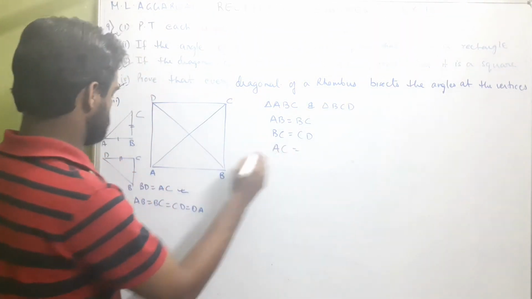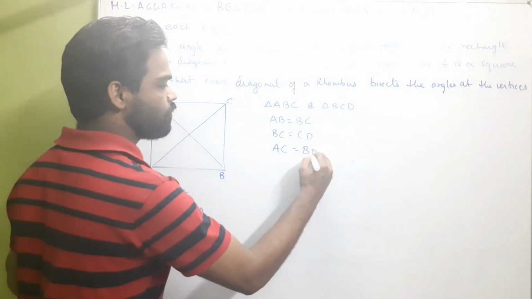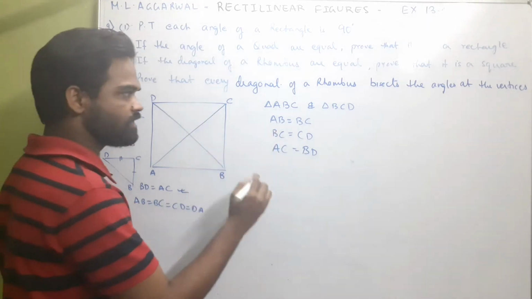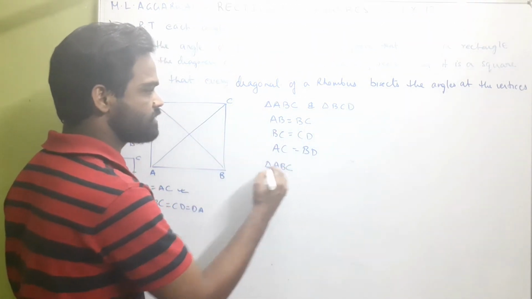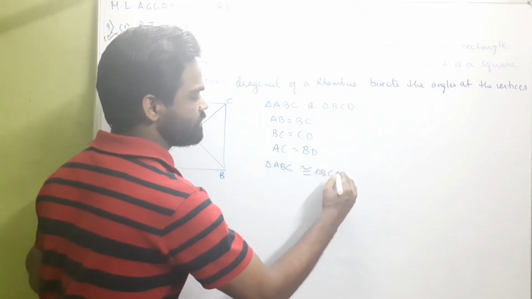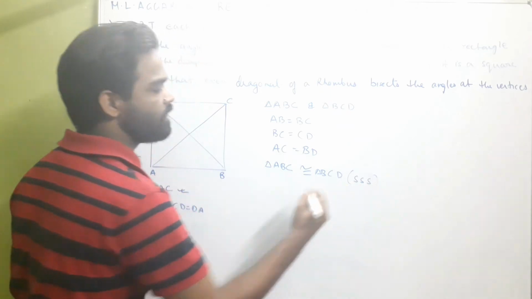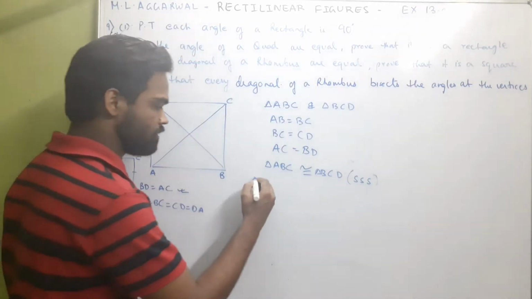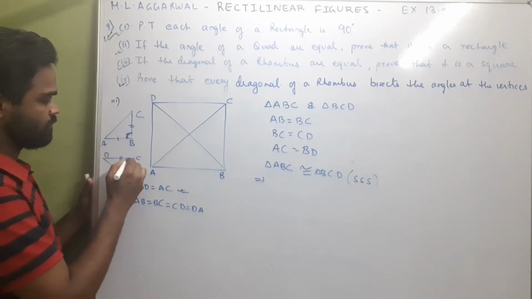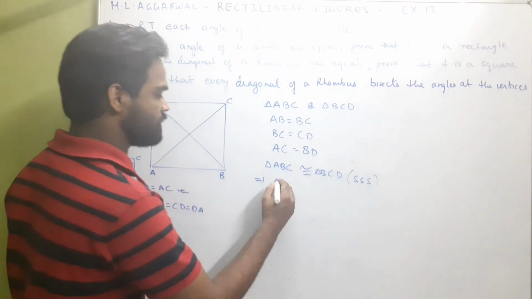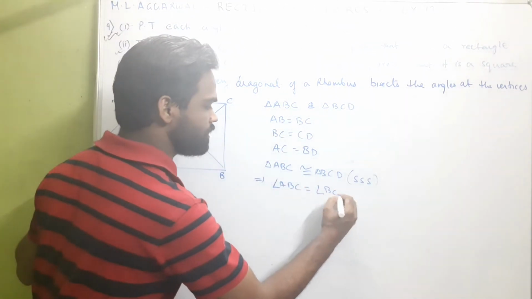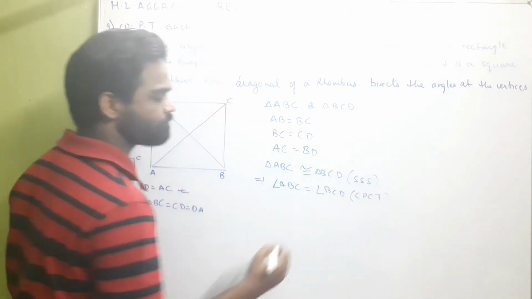AC is equal to BD, the diagonals are equal, they've already told us. Which means triangle ABC and triangle BCD are congruent, SSS. And if these two triangles are congruent, can we say that this angle and this angle are equal? Angle ABC is equal to angle BCD, that's CPCT.